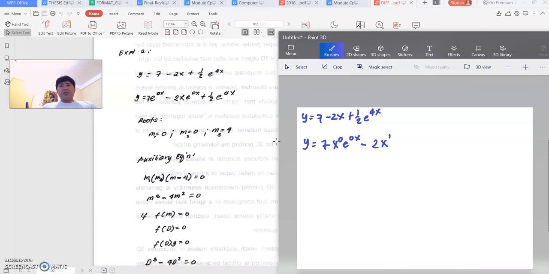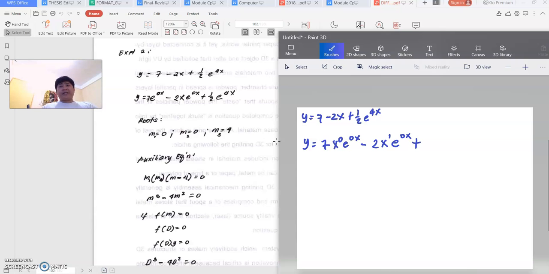So, if this one doesn't have e, therefore your e is 0, right? So, this becomes 1, this becomes 2x. This becomes 1, 1, it returns back. Plus, this one.